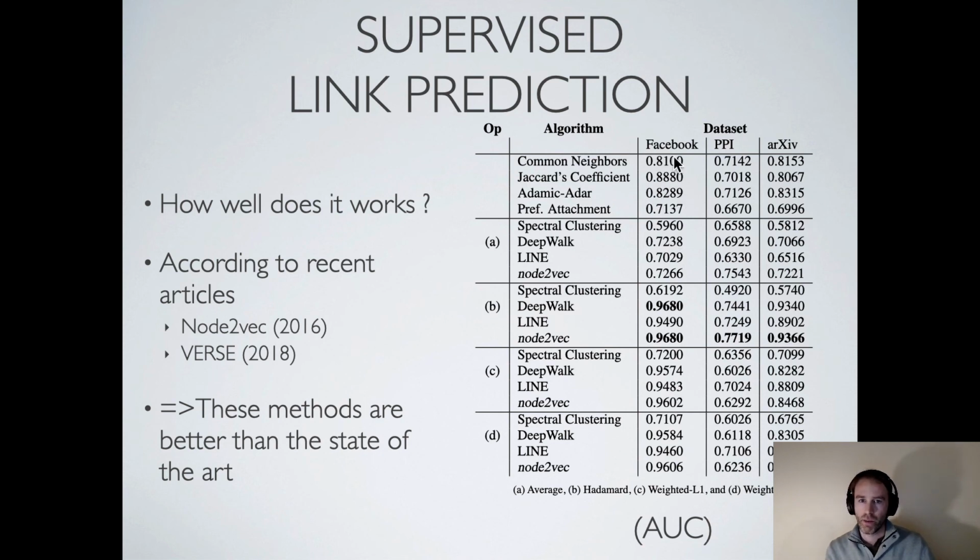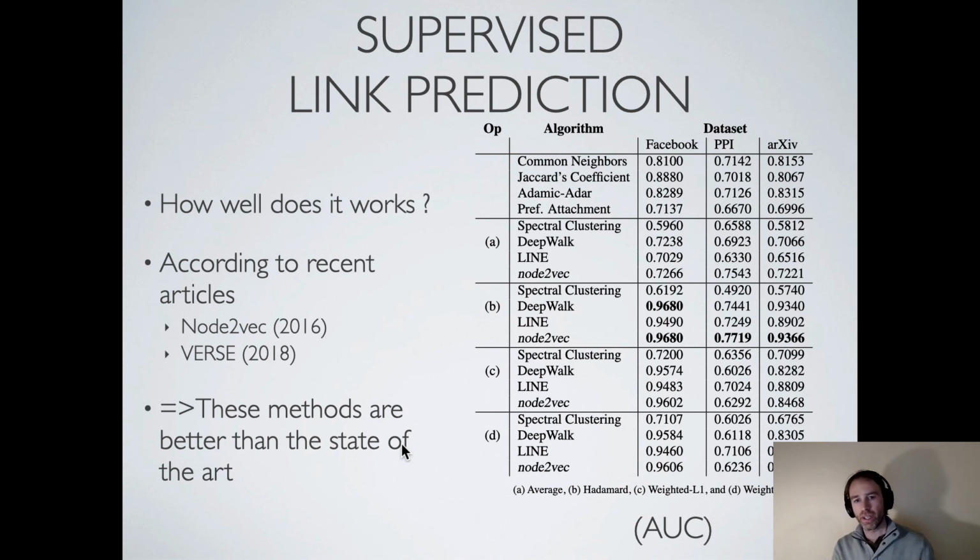But the problem is that in the paper, they just compare to each heuristic independently, while we have seen that the best results usually are obtained by combining these heuristics. So they observe that node2vec is better than heuristics, but some other authors say that actually if you take more heuristics and you combine them, you get better results than node2vec.